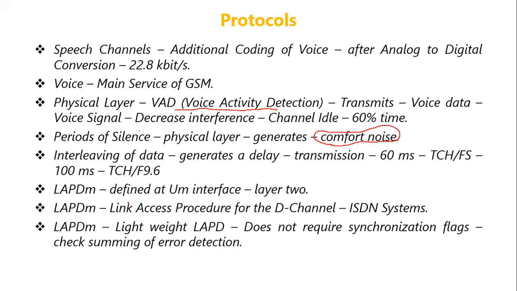But in fixed networks, in ISDN networks, that is the job of LAPD. LAPDM is the mobile version, a light version of LAPD, so it will not perform synchronization and error correction, because that has already been taken care of by the physical layer of GSM.